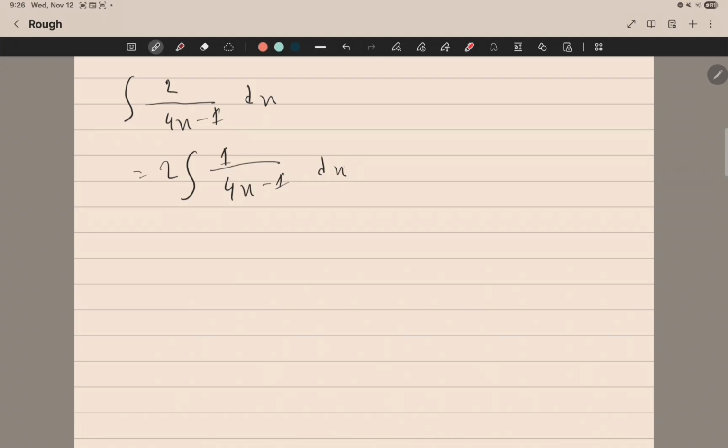Then we need to integrate this. There is a formula, and using that it will be 2 times 1 by 4 ln 4x minus 1 plus c.